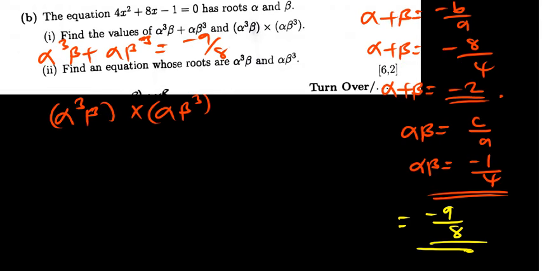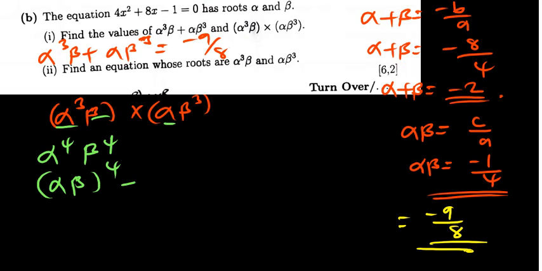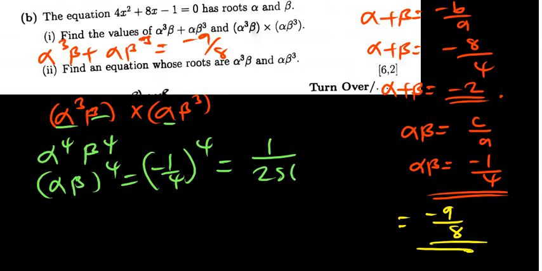You just say alpha times alpha to the power 3 gives alpha to the power 4, and beta times beta to the power 3 gives beta to the power 4. This is the same as alpha times beta to the power 4. So what is alpha times beta? Alpha times beta is negative 1 over 4, to the power 4. Negative 1 to the power 4 is 1. 4 to the power 4 is 256.